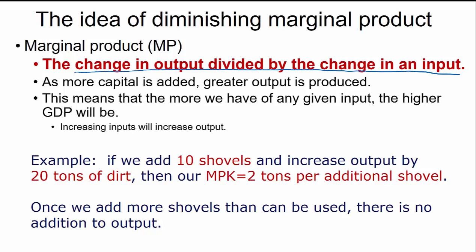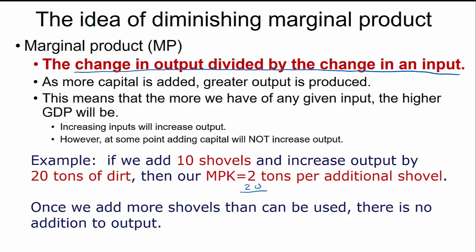As an example, in our last example with the shovels, once we add 10 shovels and that increases our output by 20 tons of dirt, our marginal product of capital is 2 tons per additional shovel. So what we did was we took the output of 20 tons of dirt moved and we divided it by the 10 shovels. And so that's how we got 2 tons per additional shovel. Okay? And then remember, once we add too many shovels, then we are not getting more output.